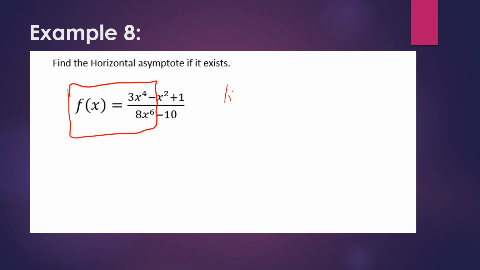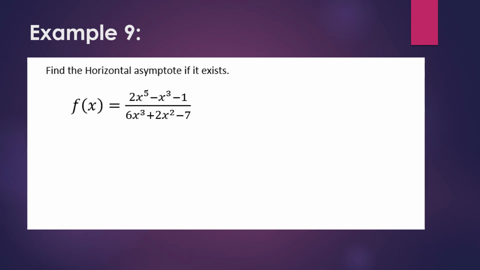So I'm really taking a look at the limit as x approaches infinity of 3x to the 4th divided by 8x to the 6th. Well, x to the 6th is greater than x to the 4th, meaning the denominator is larger than the numerator. So this is going to be going towards 0. That was rule 1 on our previous slide with the rules.